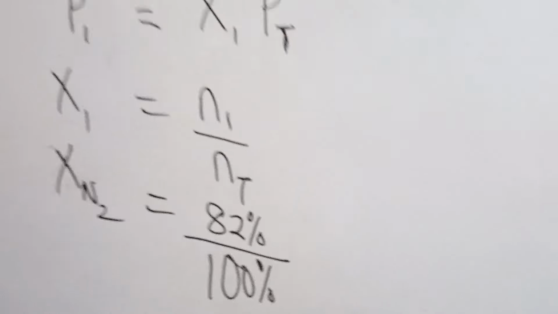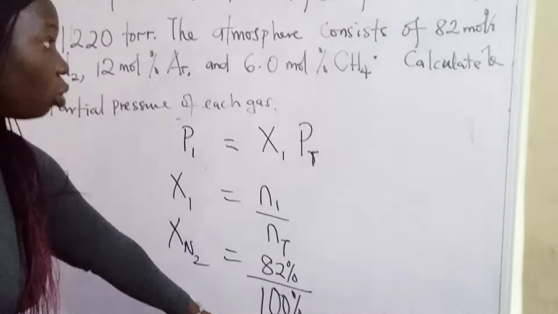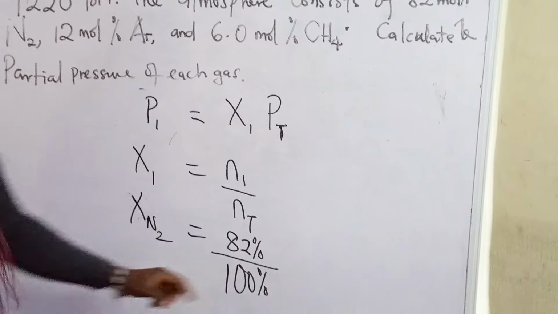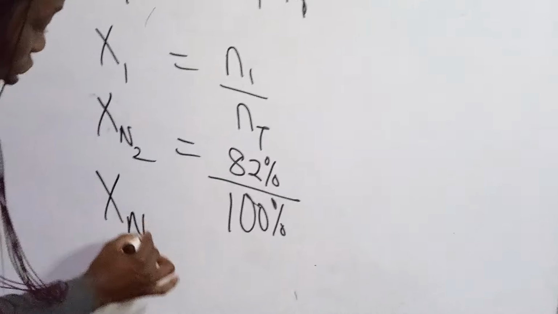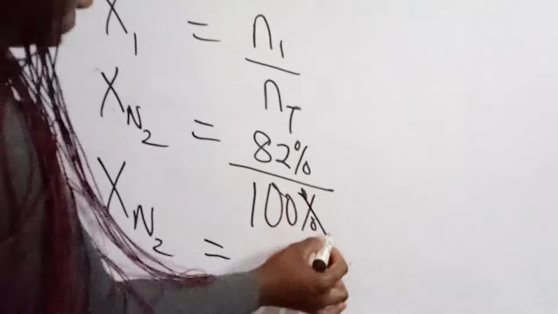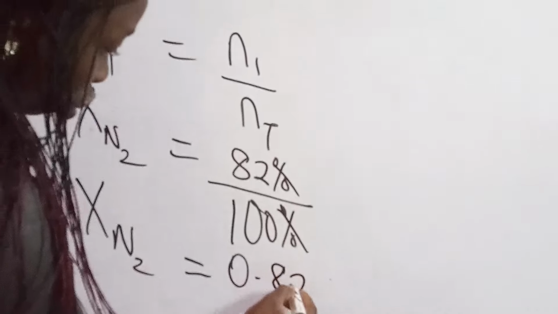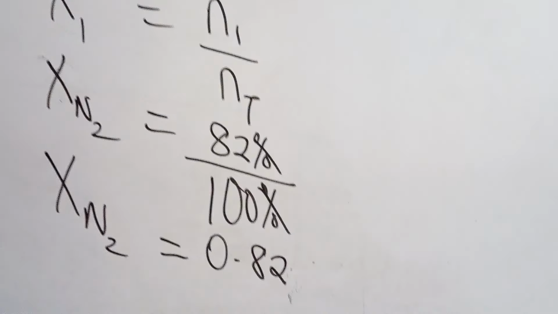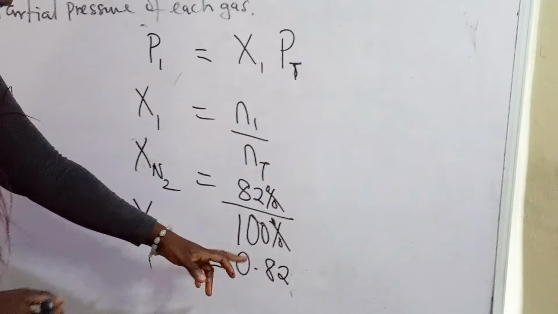So the total number of moles of all the gases present is equal to 100, and for nitrogen gas we have 82. We cancel the percentage, and we are left with 0.82 mole ratio. We know that mole ratio does not have a unit, so it will be 0.82.